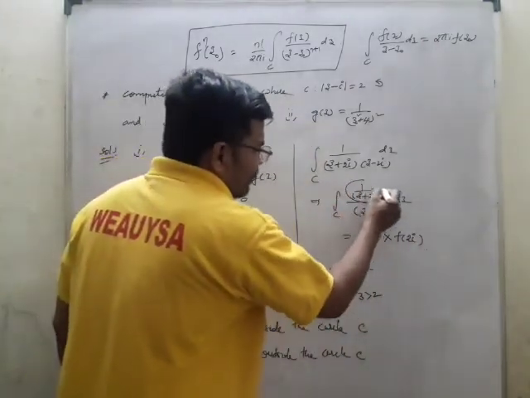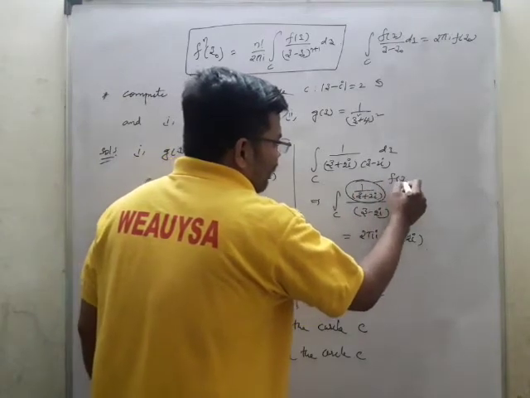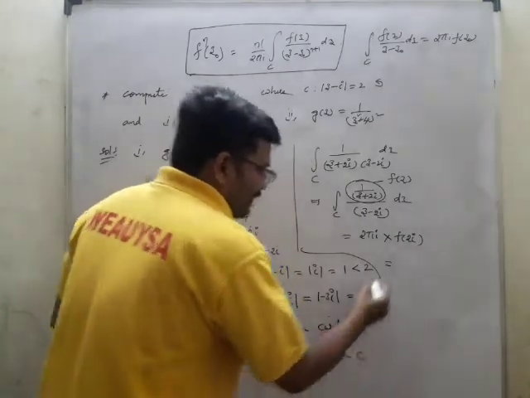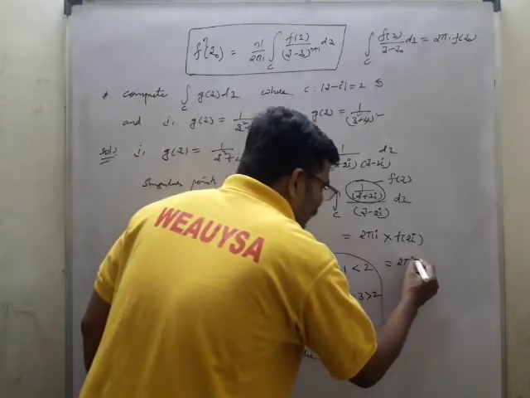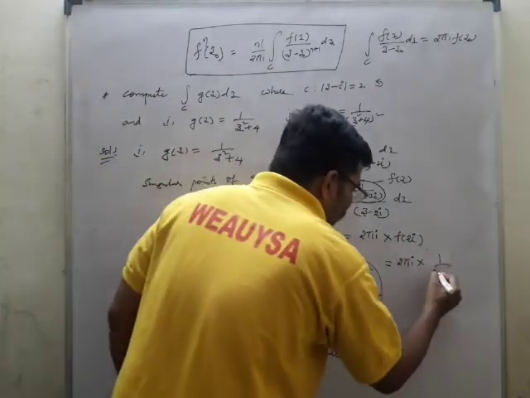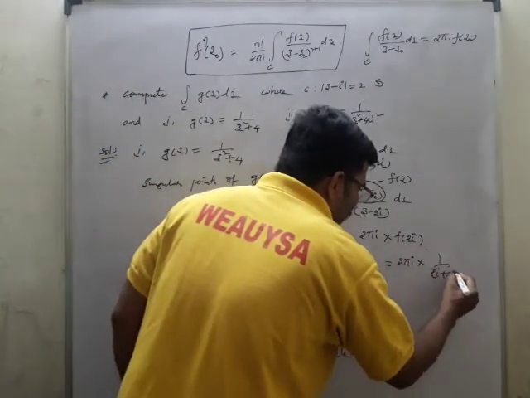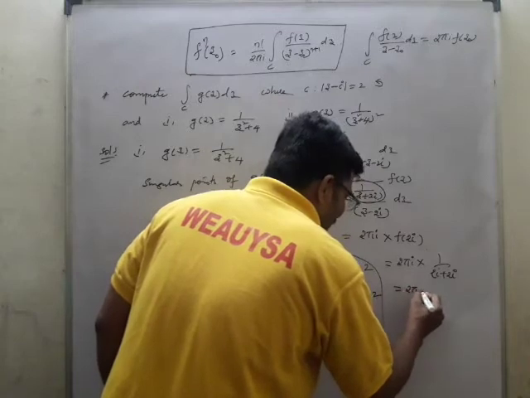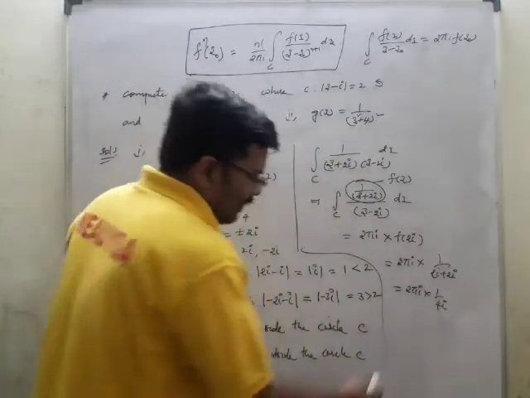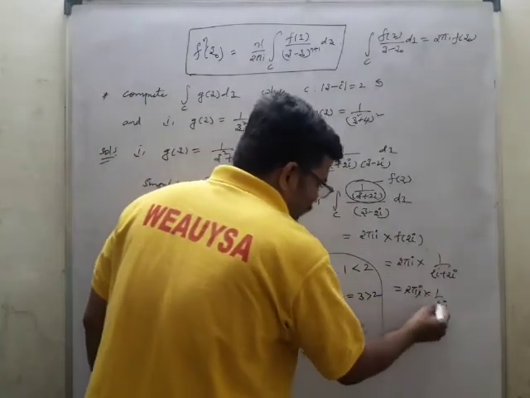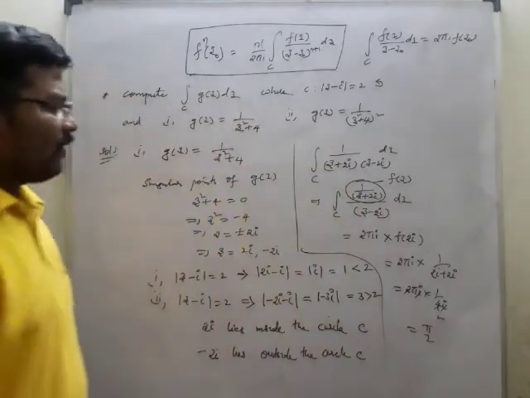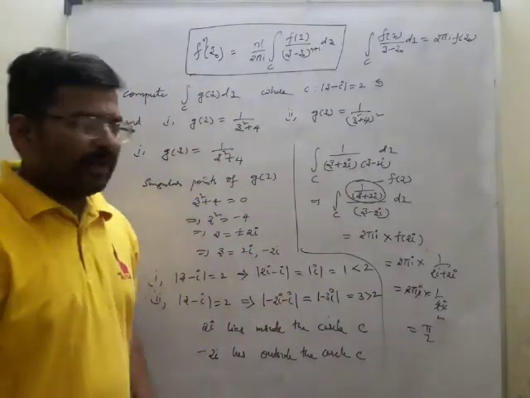So I may substitute that like this: 2 pi i into 1 by 2i plus 2i. This is 2 pi i into 1 by 4i. The i gets cancelled, 2 ones, 2 twos, and you will get pi by 2. So this is the way to do the problem.